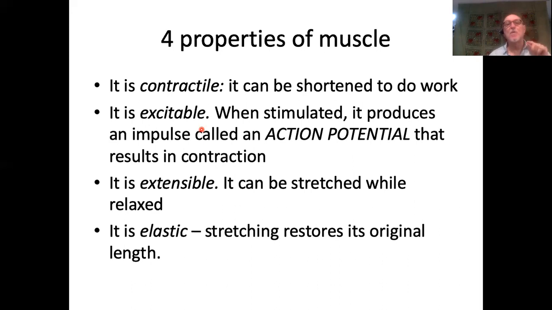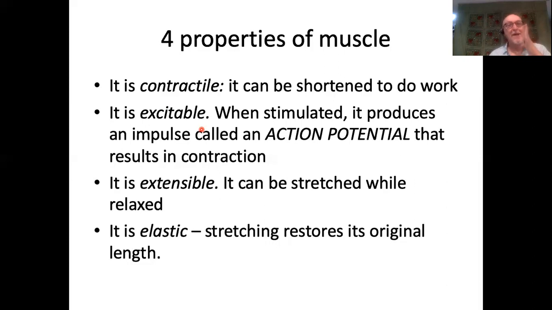And that pulse is called the action potential. And that is able to do things. In the case of nerves, it can transfer information, for example. In muscles, the action potential causes the muscle to contract.